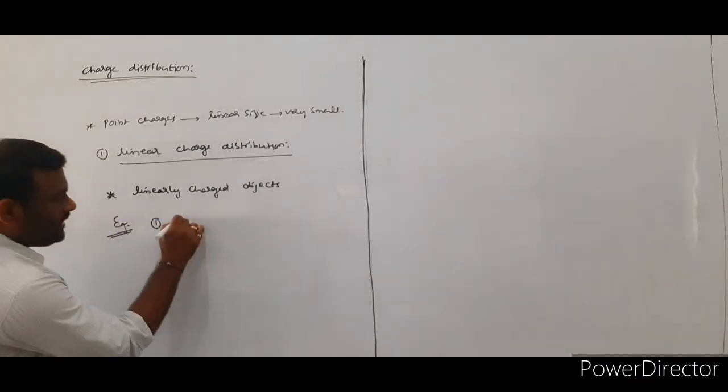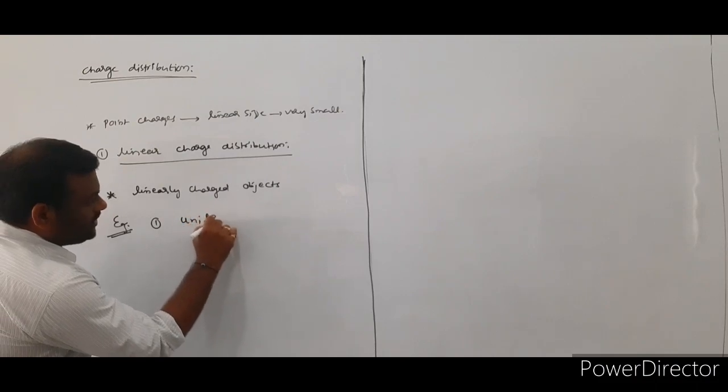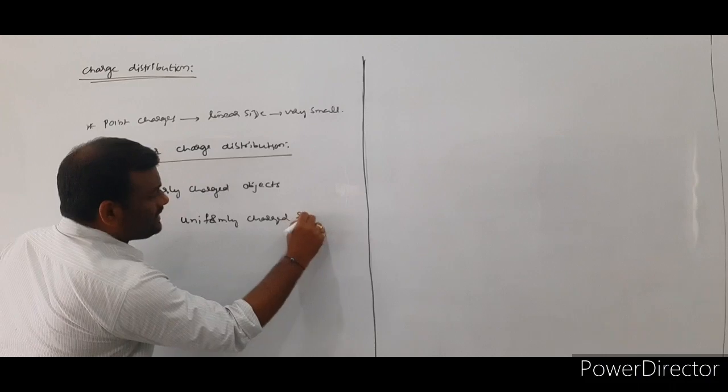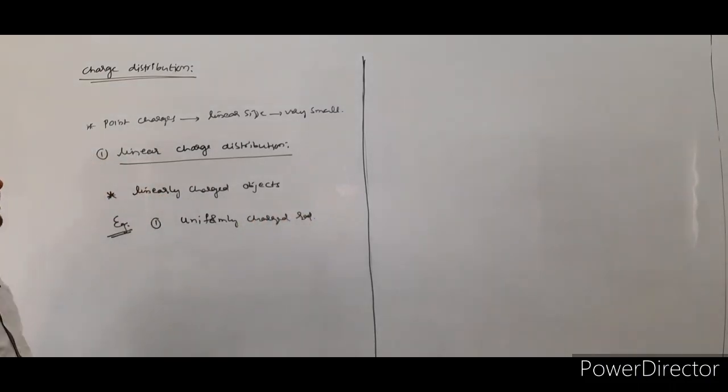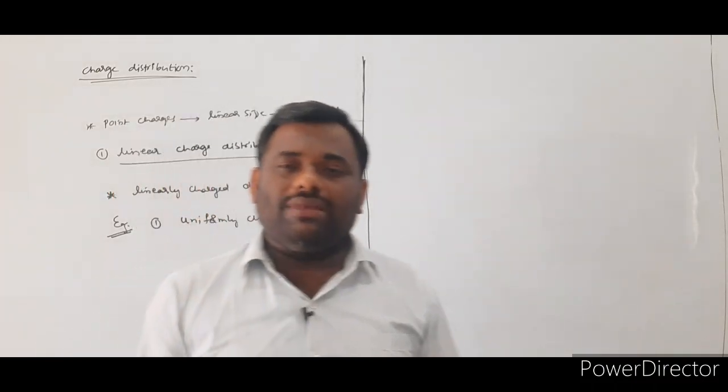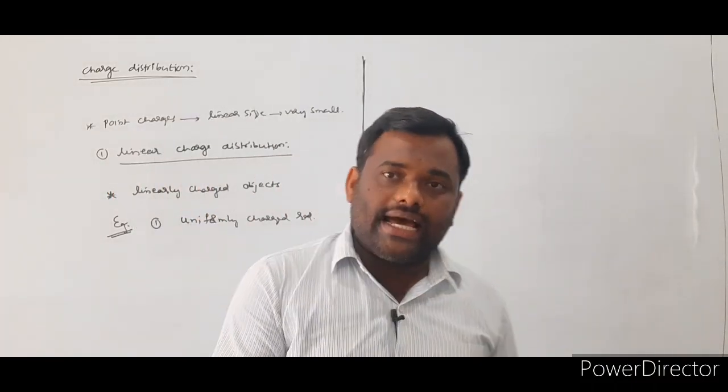What are the examples of linearly charged objects? First we will consider a uniformly charged rod. Whatever charge we give to the rod, that entire charge is uniformly distributed over its entire length.